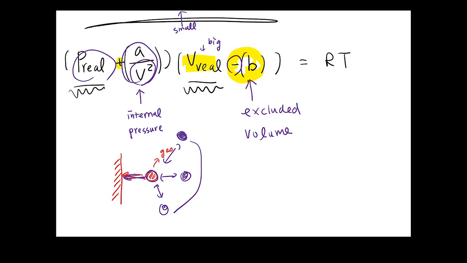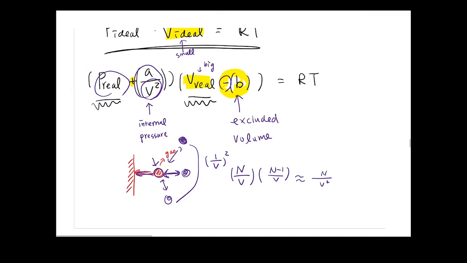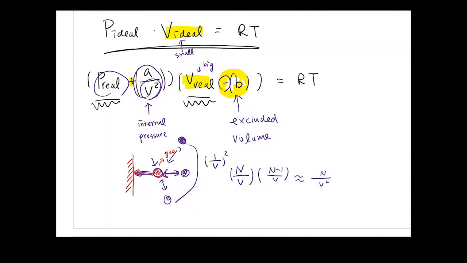In order for two molecules to interact, it's naturally proportional to 1 over V squared. So that's how van der Waals came up with this equation.